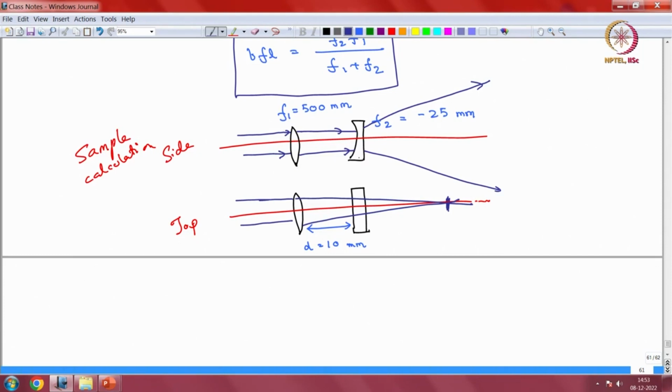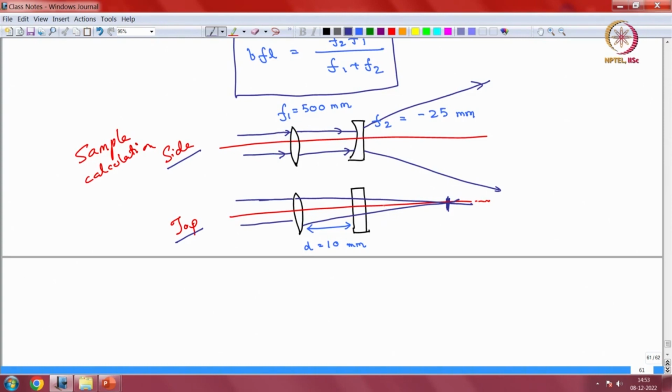Because for the cylindrical lens the optical axis is not the axis of symmetry, the diagrams in the side and the top views now start to differ. While the spherical lens remains a spherical lens in the top and the side view, the cylindrical lens does not. In this diagram, in the side view we have drawn the cylindrical portion, and in the top view it is just like a flat rectangular slab.